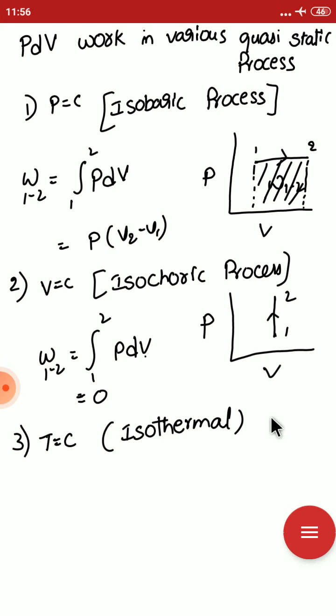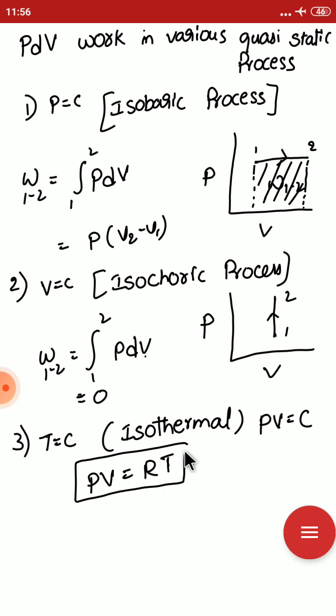So PV is also constant. Why? Because PV equals RT, which we know very well.